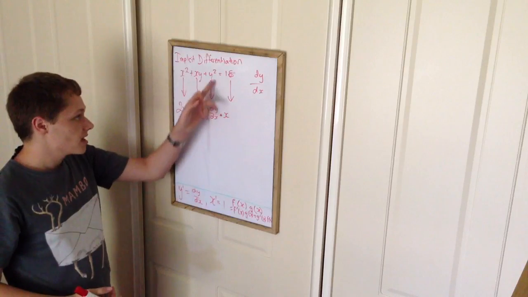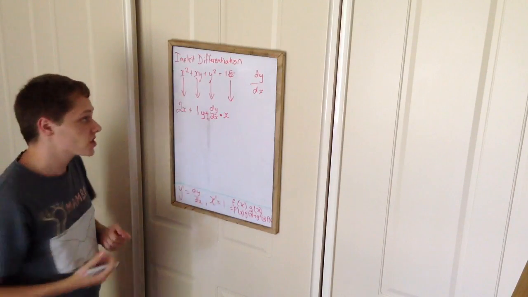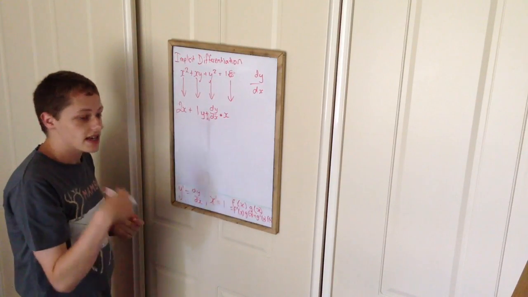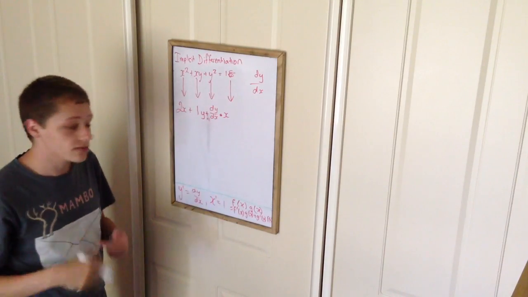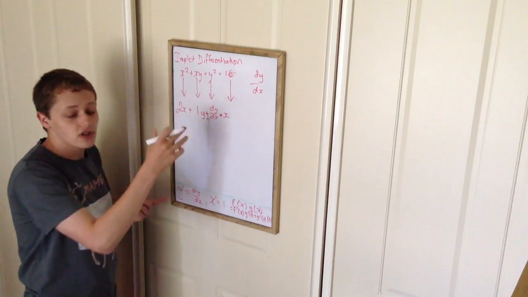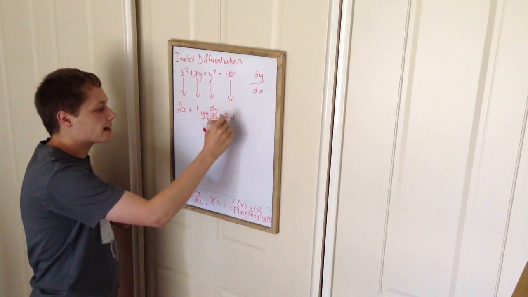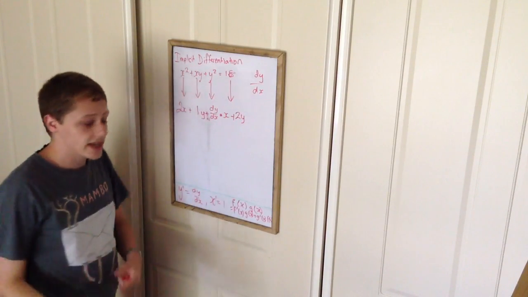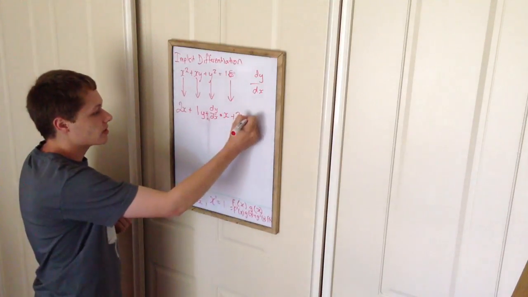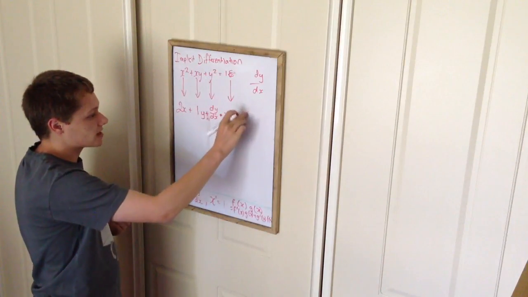And then lastly, we just need to differentiate our last term, and again, we use the power rule to do this. So we bring the 2 down to our coefficient of y, and we get 2y. And because it's 2 take 1, we get 1 in the end, so we just have y to the power of 1.